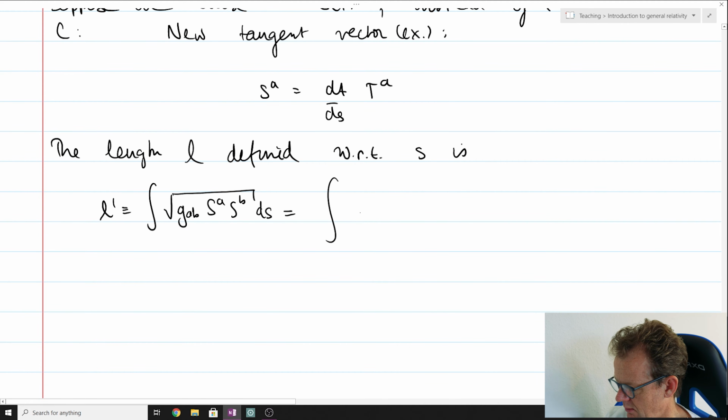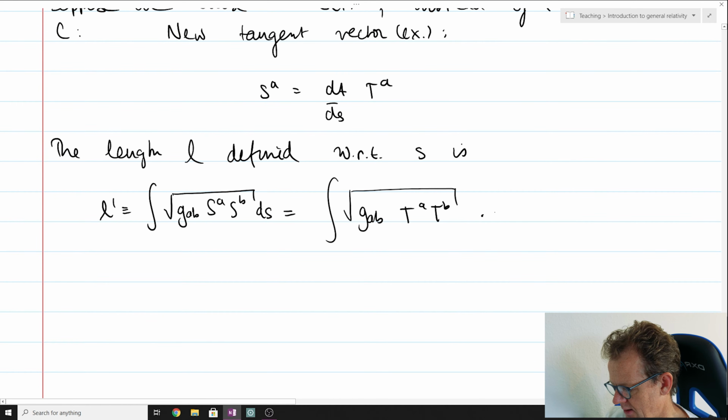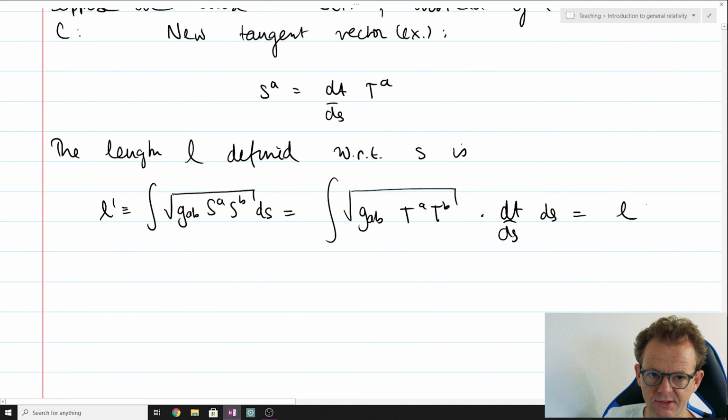But let's substitute for what we know. The new tangent vectors are equal to the old tangent vectors times this factor dt/ds times ds, but that's just equal to L. So in fact, the length of the curve doesn't depend on what kind of parameter we felt like choosing to tell us where we are along the curve.